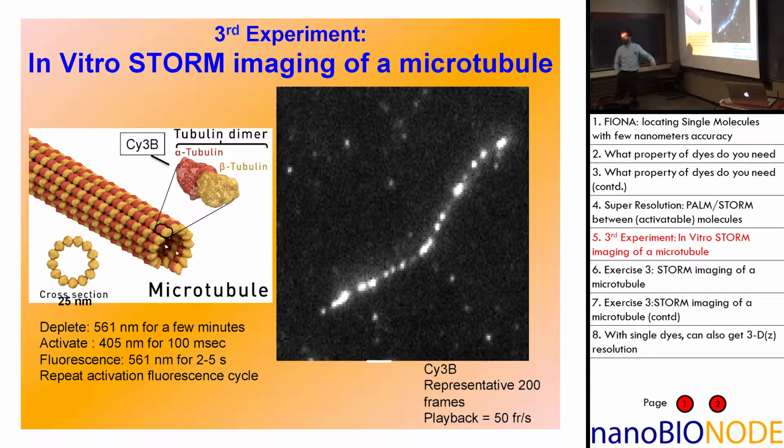And now you want to overcome this, and how are you going to do this? How are you going to get super resolution in this case? Do you have just one dye, or do you have many dyes? What's that? Many dyes.